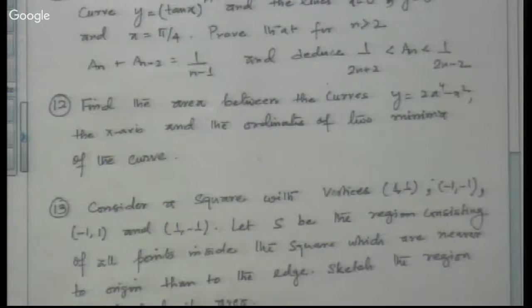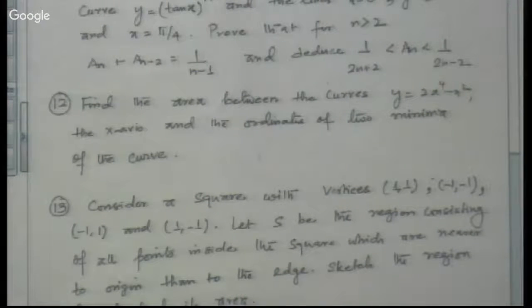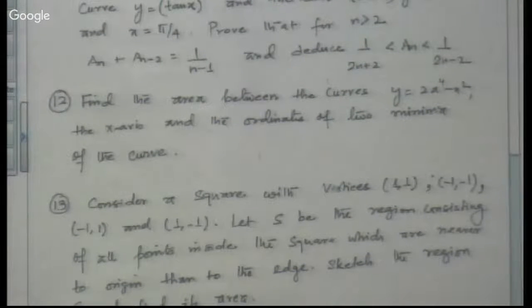Draw the graph. This graph, y is equal to 2x to the power 4 minus x square. Is it an even graph? It's going to be an even function, right?